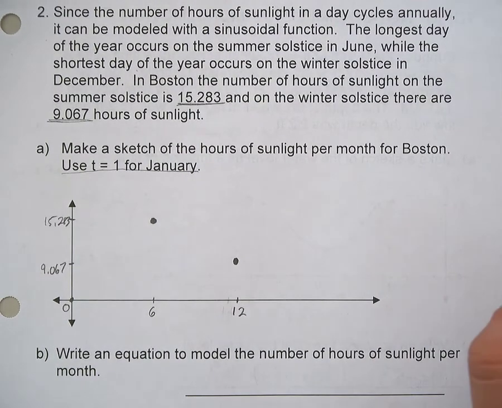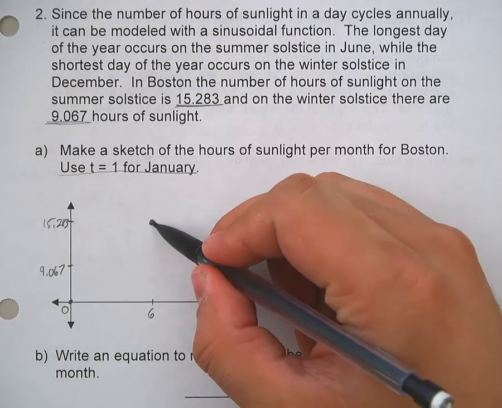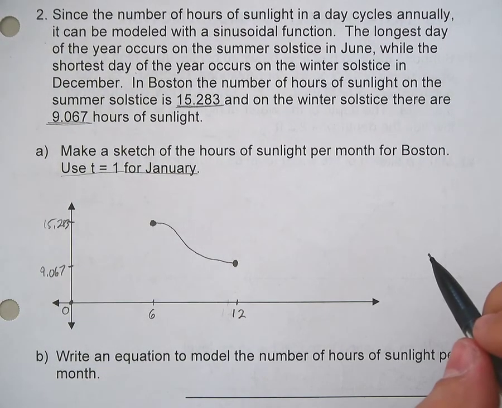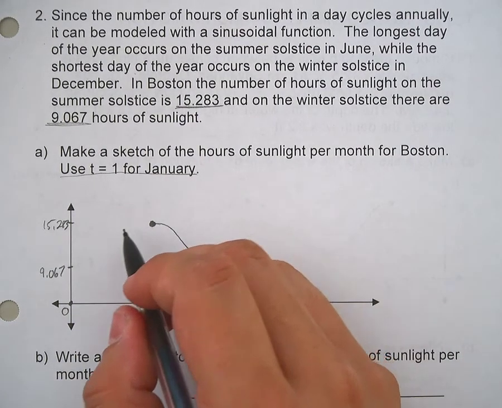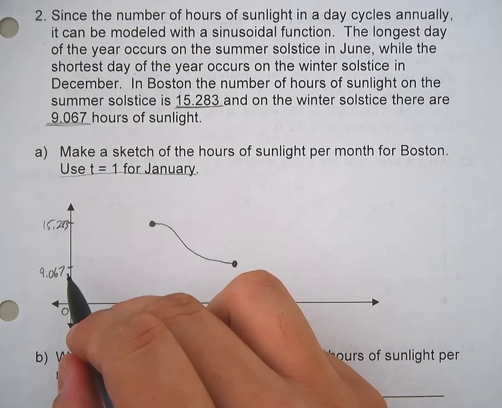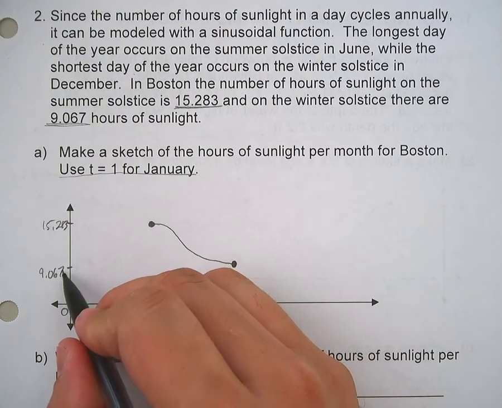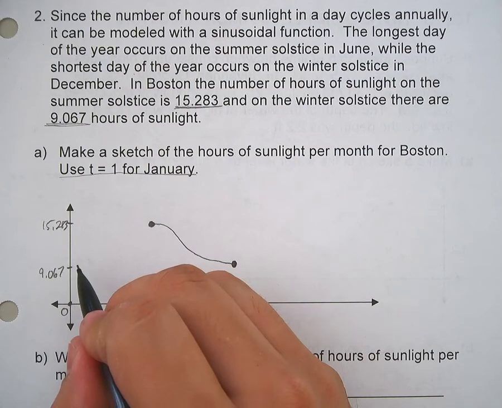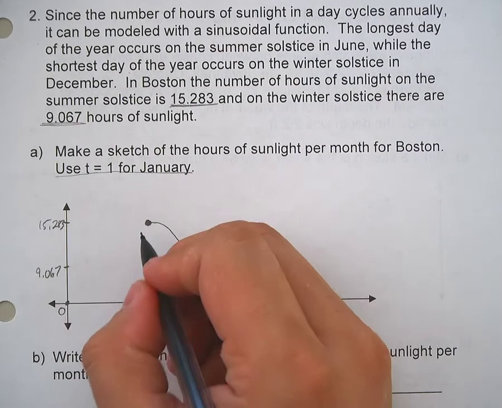Okay, so let's kind of extrapolate this a little bit, because right now all we've got is this one piece of data. Let's kind of extend that. If you were to go backwards, back to the beginning part of January, you'd be heading back to this 9.067 if you go back to January this way, but you wouldn't quite hit it because that happens in December.